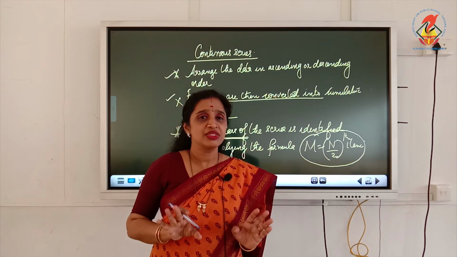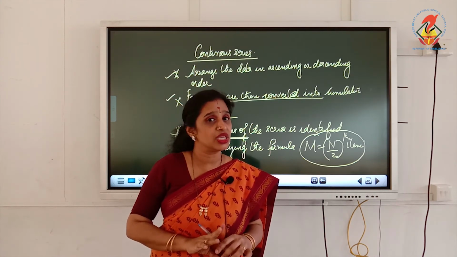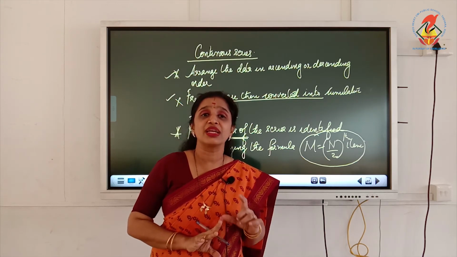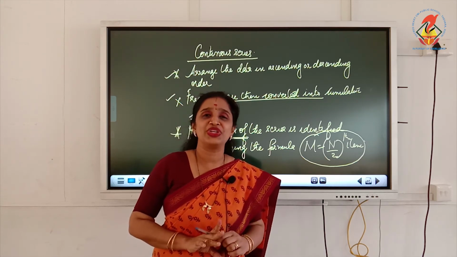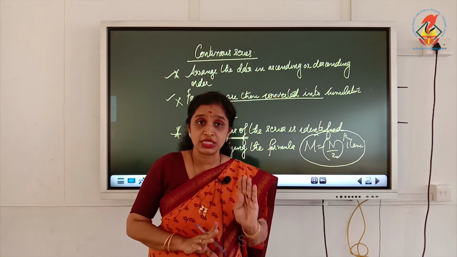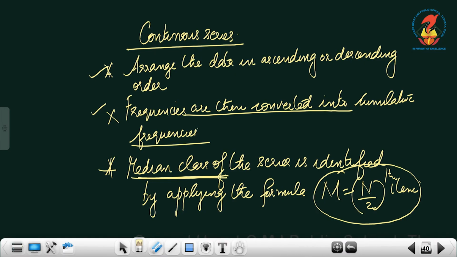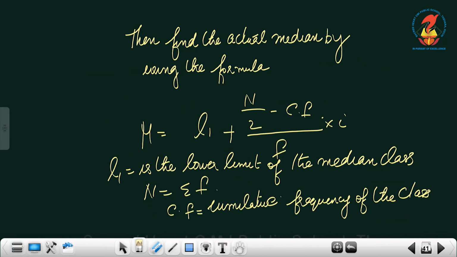So, keep in mind, it is applicable only for individual and discrete series. In a continuous series, to find out the median class, the first formula that you have to use is not m is equal to n plus 1 by 2th item, it is m is equal to n by 2th item. Now, with that you can find the median class.